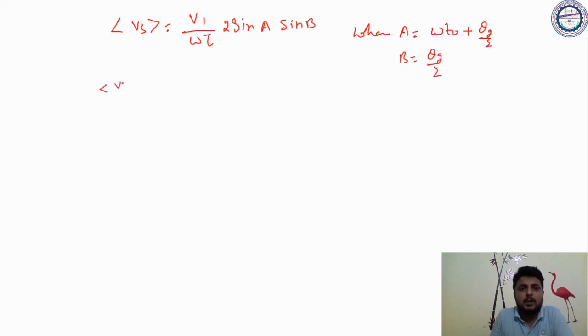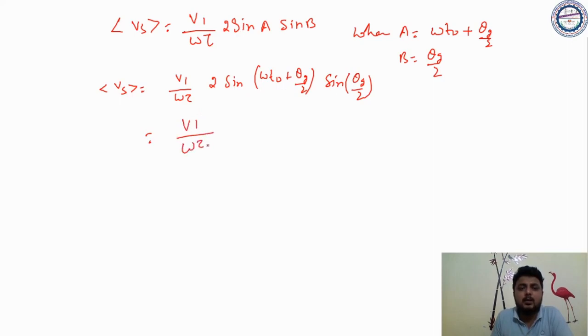So therefore this can be rewritten as Vs is equal to V1 by omega tau into 2 sin A, which is nothing but omega t naught plus theta g by 2, and sin B is nothing but theta g by 2. Bracket close.